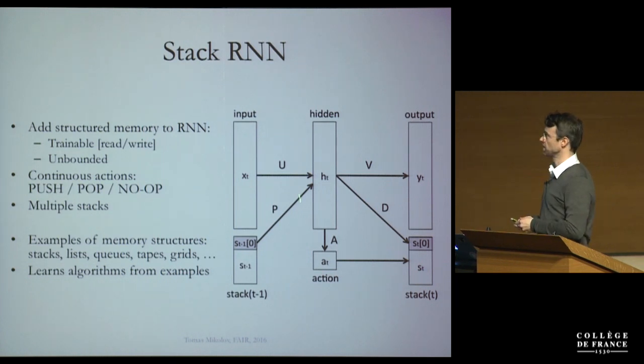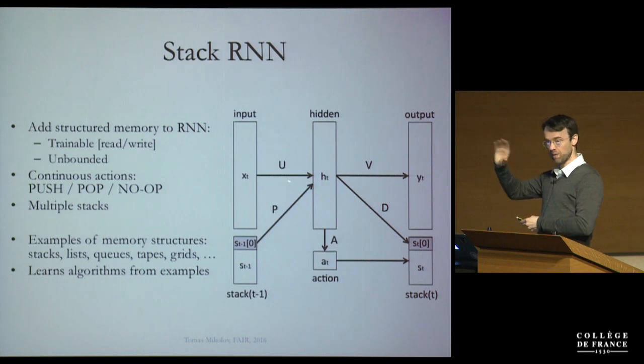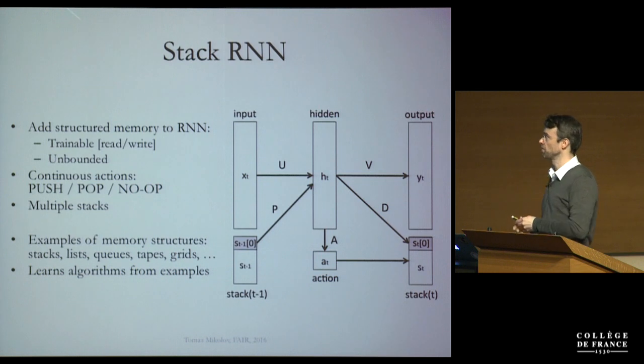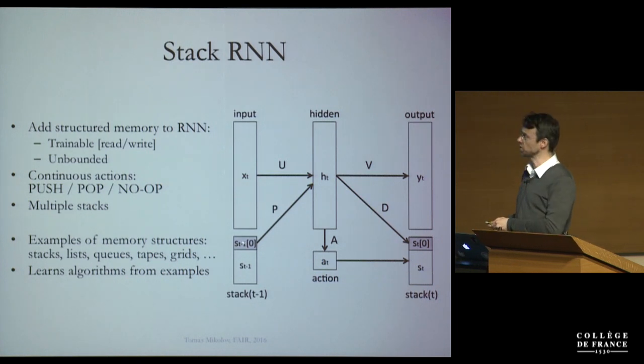All that's going to happen is that the model is trying to predict the next symbol in a sequence, which I'll show you in a moment, and the error signal from that prediction is used to update all the different matrices that you see here, U, V, P, D, and A. The ones at the bottom effectively control the operation of the stack, both the way you read from it, what action you're going to take, and how you push to it. Now, in this diagram, there's only one stack.